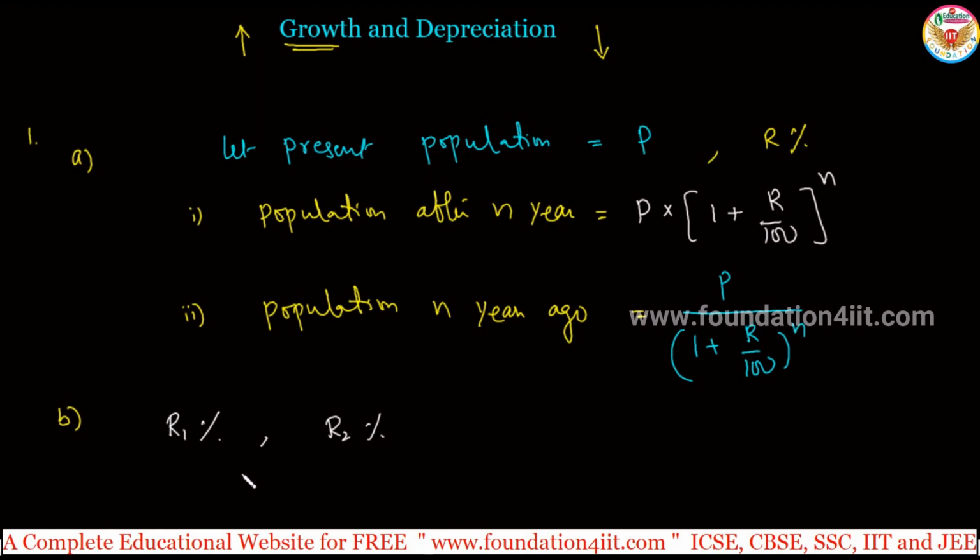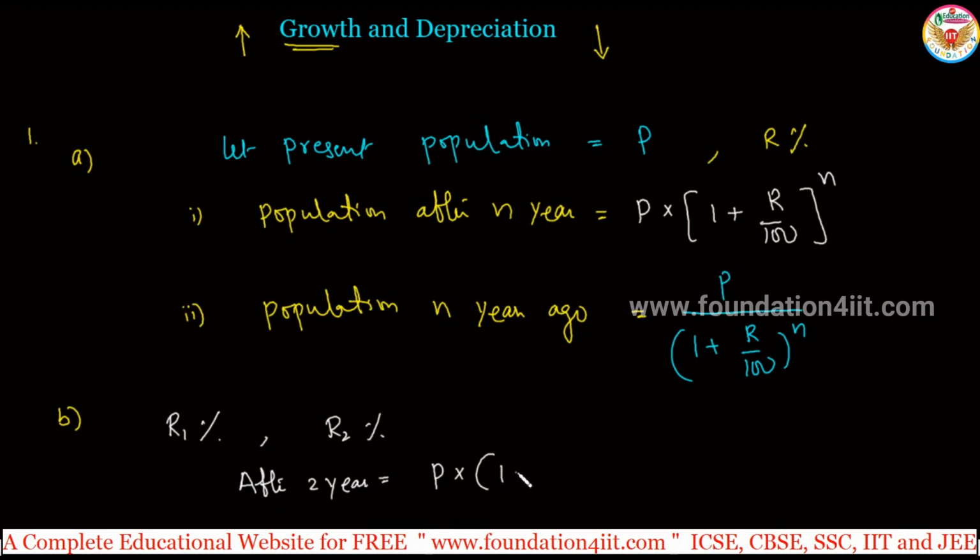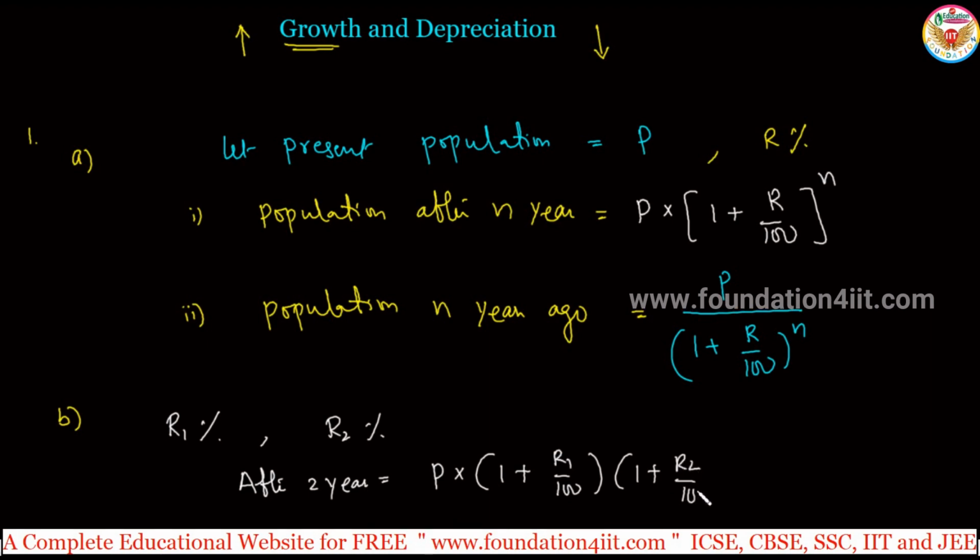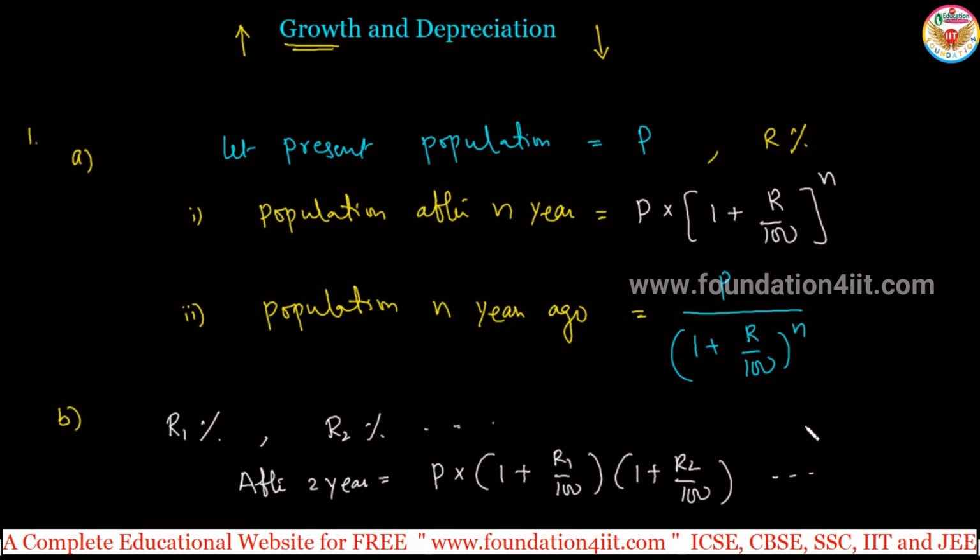Then the population after 2 years, same as compound interest, you apply P into (1 plus R1 by 100) into (1 plus R2 by 100), instead of power 2. First year is R1%, second is R2%, and so on. Every year has a different rate of growth.